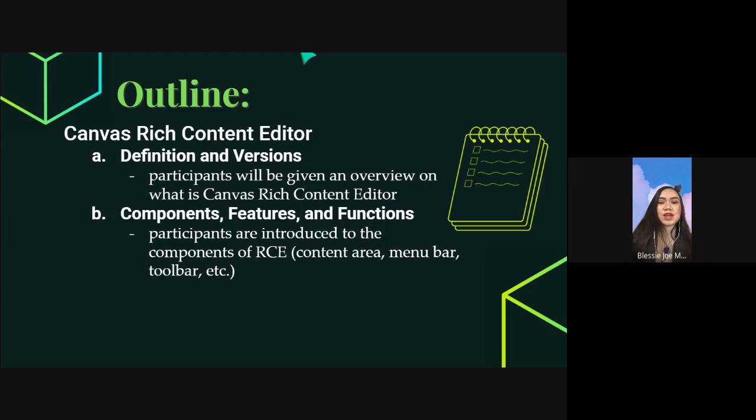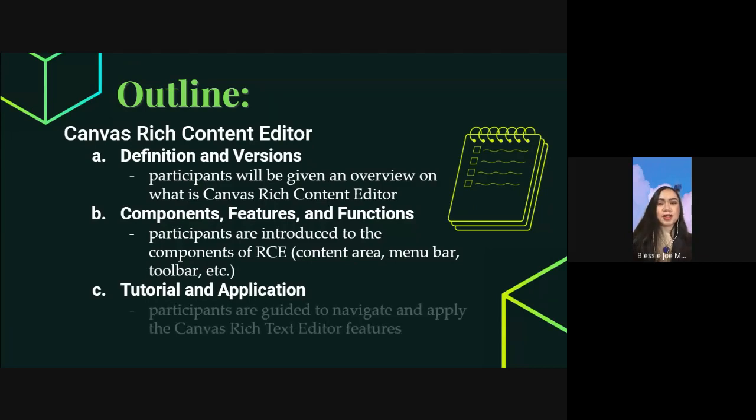Here, you will be introduced to the components of the RCE, mainly the content area, the menu bar, the toolbar, etc. And the last one is the tutorial and application. The participants are guided to navigate and apply the Canvas Rich Text Editor features. Those are the things that we will try to achieve for this afternoon's plenary.